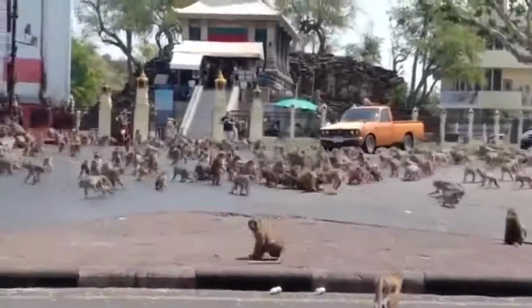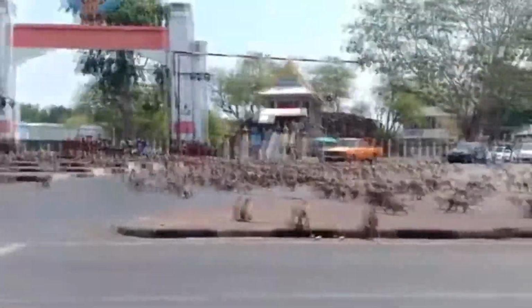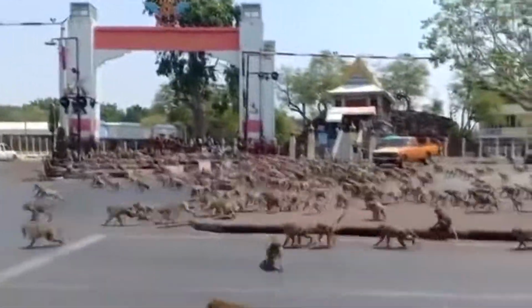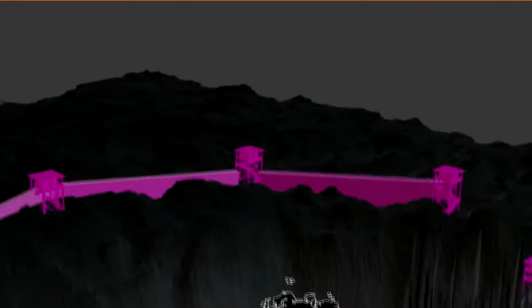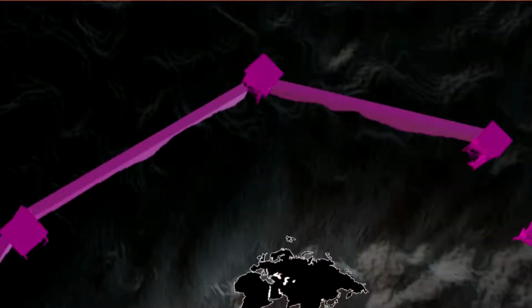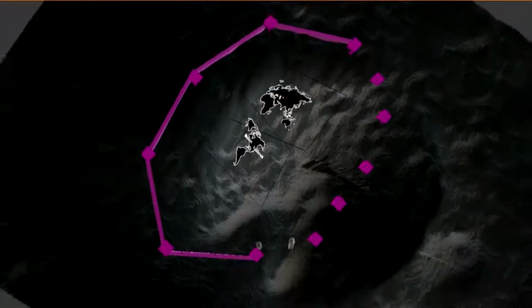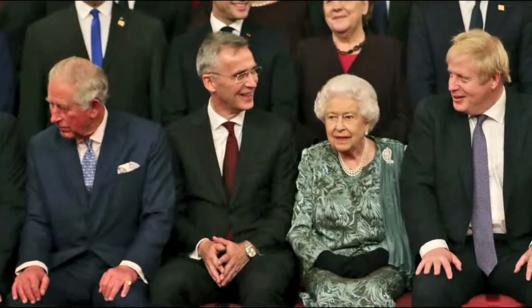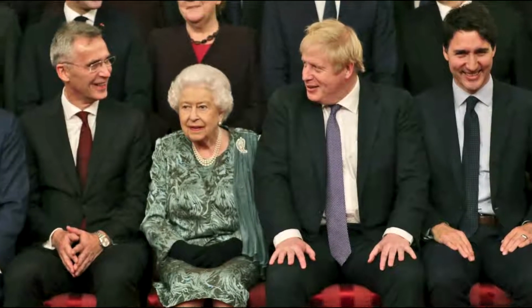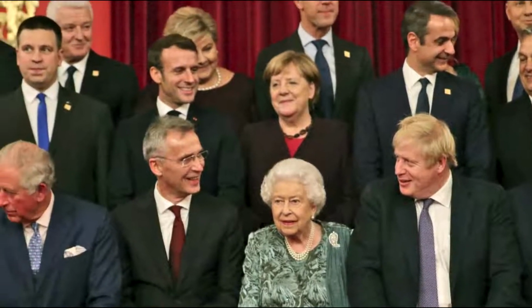Let's say you want to get rid of a group of wild monkeys. You build a prison and you put them in there. Then you select the most psychopathic monkeys to rule this prison.